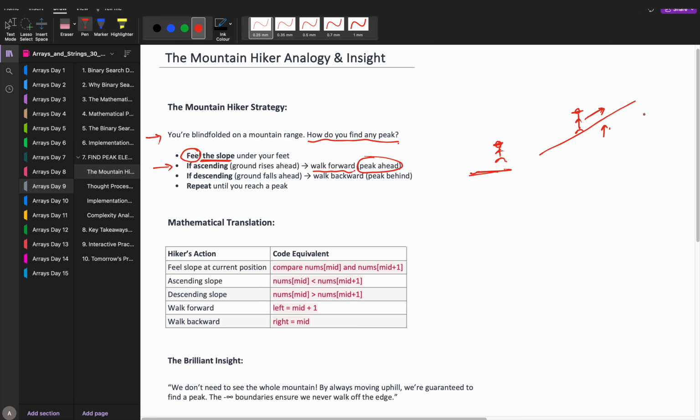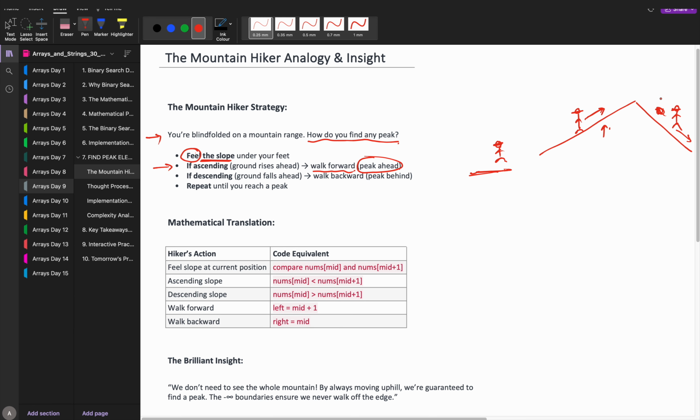But let's say somehow you were here like this, blindfolded. The ground beneath your foot was descending, going downwards. Ahead of your foot was descending.